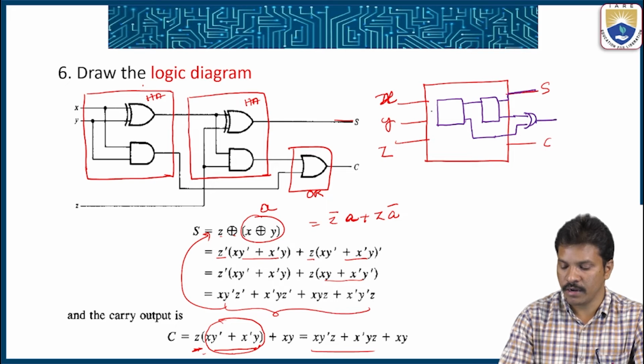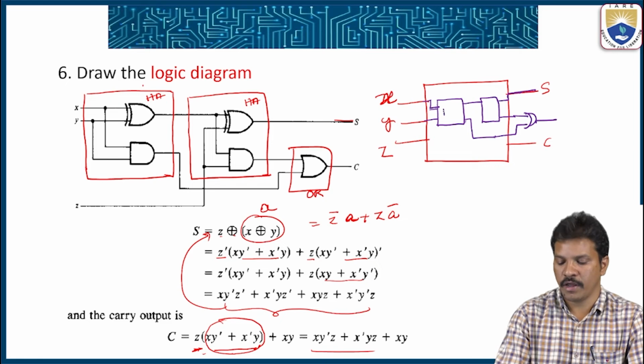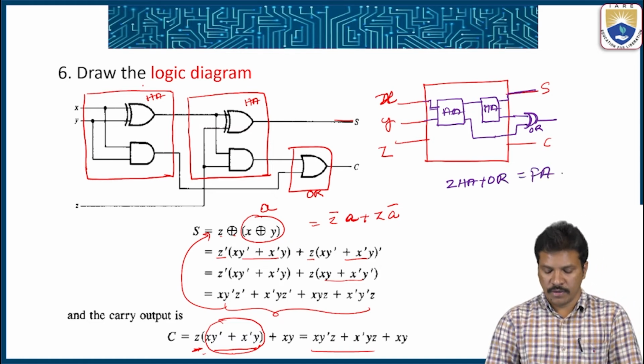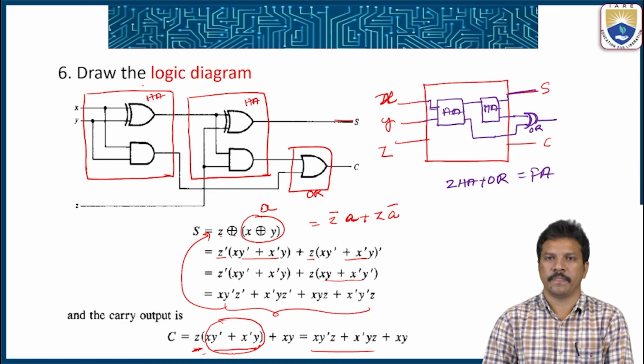You will get 2 half adders plus 1 OR gate. 2 half adders plus an OR gate is called a full adder. So we can also design it in this way.